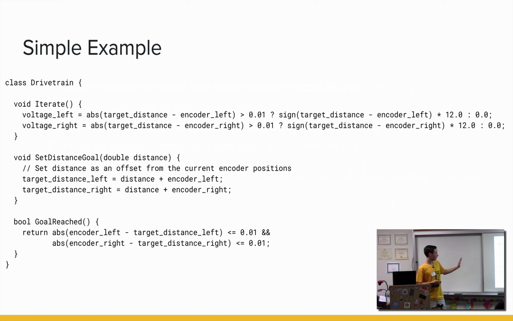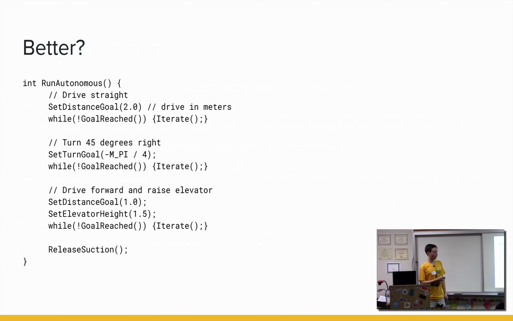Again, this isn't a great control loop, but you can see how when we implement it in our autonomous routine, it makes the autonomous routine much simpler. We can do a set distance goal here for 2 meters, and then rather than having to wait a fixed amount of time, we just have to wait until the goal has been reached. In the meantime, we iterate it to determine what the voltage output should be on the next time step.